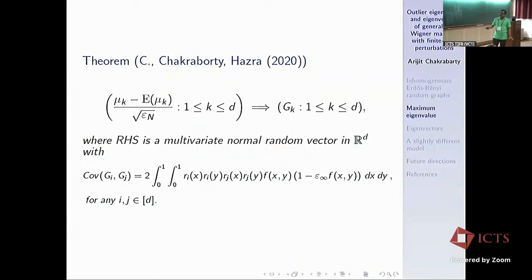This is a zero mean normal random vector with this covariance structure. Once again, the covariance you can simply read off, because we have an exact expression for Ek prime Wn Ek. You just have to calculate the covariance correctly.